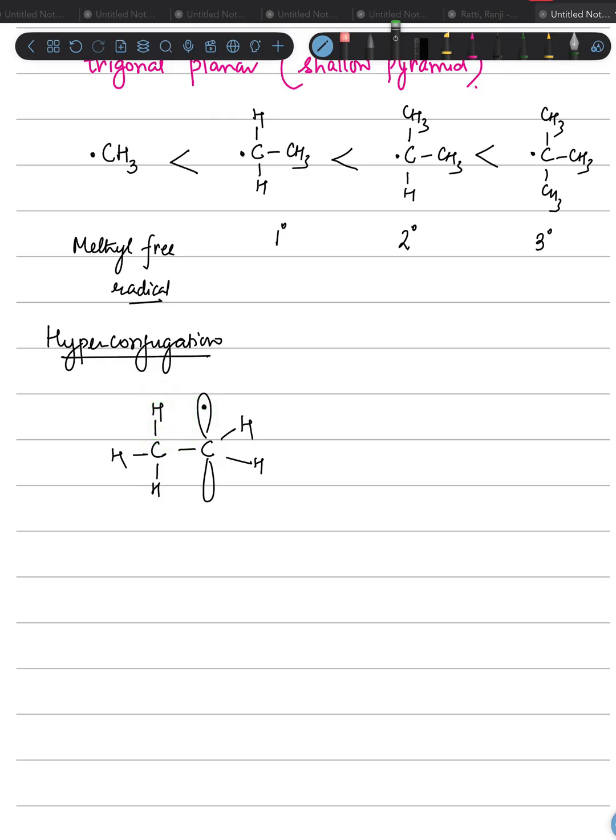Fine. So let's try to draw that. The electron from here and from here. Please see, I'm using the fish-hooked arrow or half-headed arrow, and I'm drawing the double-headed arrow the same way we do for resonance, because hyperconjugation is a type of resonance, sigma-pi resonance. I will explain why it is called sigma-pi resonance. The other name for that is no-bond resonance.